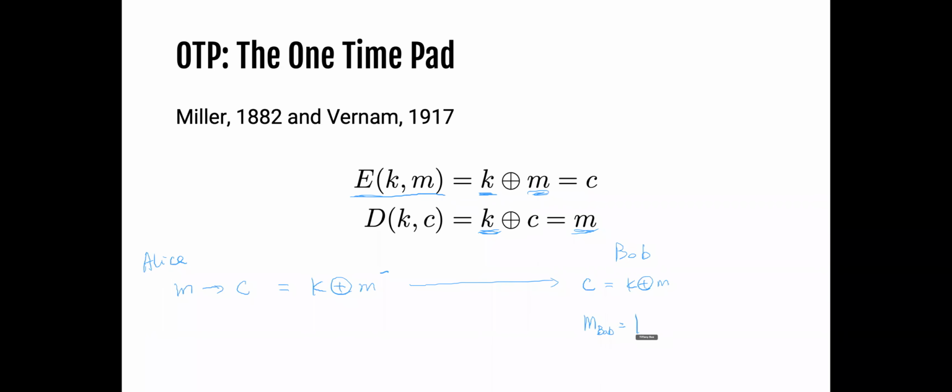So it's K XOR C, which is K XOR K XOR M. And we know that in this case, it is equal to M, because if we XOR a number twice, it is equal to not XORing it at all. So now Bob's message is equal to Alice's original plain text. Mathematically, this encryption and decryption are correct: you can get exactly the decrypted message from an encrypted message.